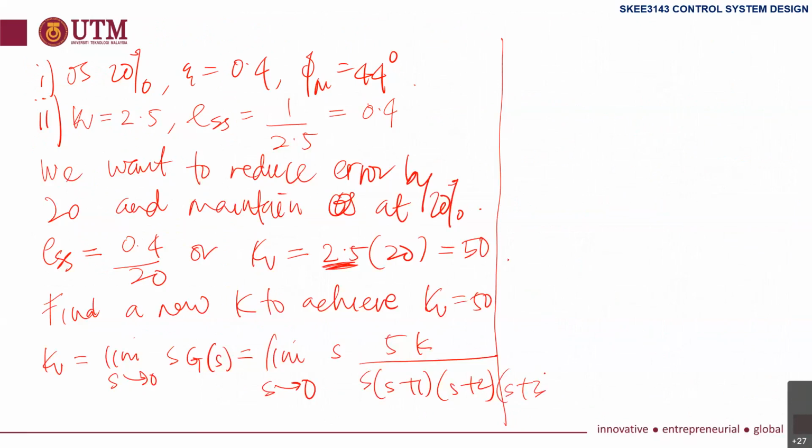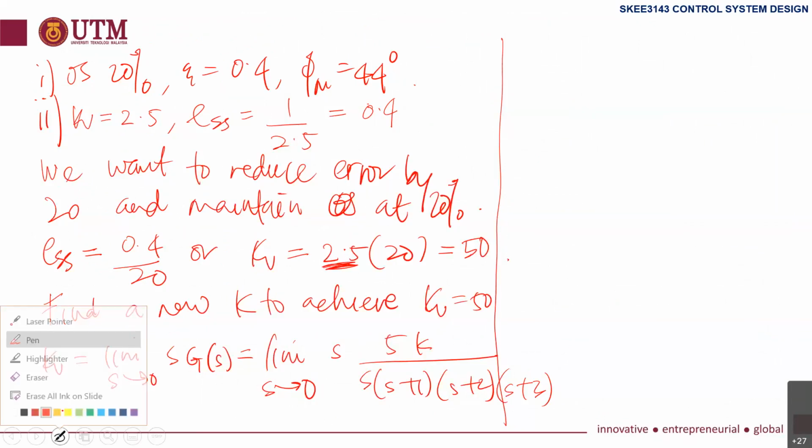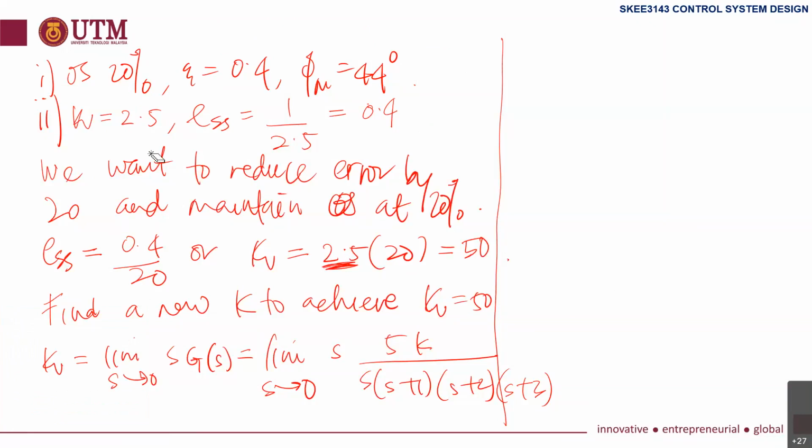Doctor, the overshoot value is 25, not 20. 25, okay, sorry. Overshoot 25, but zeta is correct, right? Yes. 25.